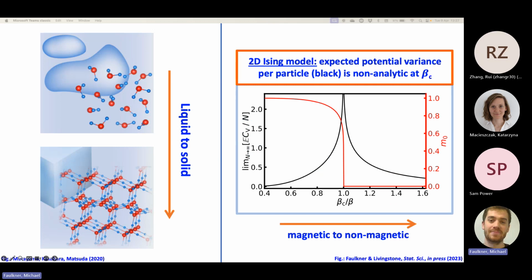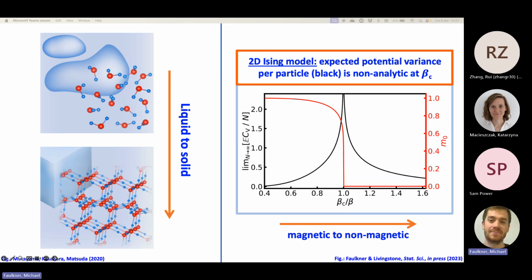That CV here was the variance of the potential. The expected value of CV is the expected value of u squared minus the square of the expected value of u, so it's the variance of u. It's called the specific heat, and because you can sometimes look at the time average rather than the expectation, basically, the expected CV is the expected variance of the potential.